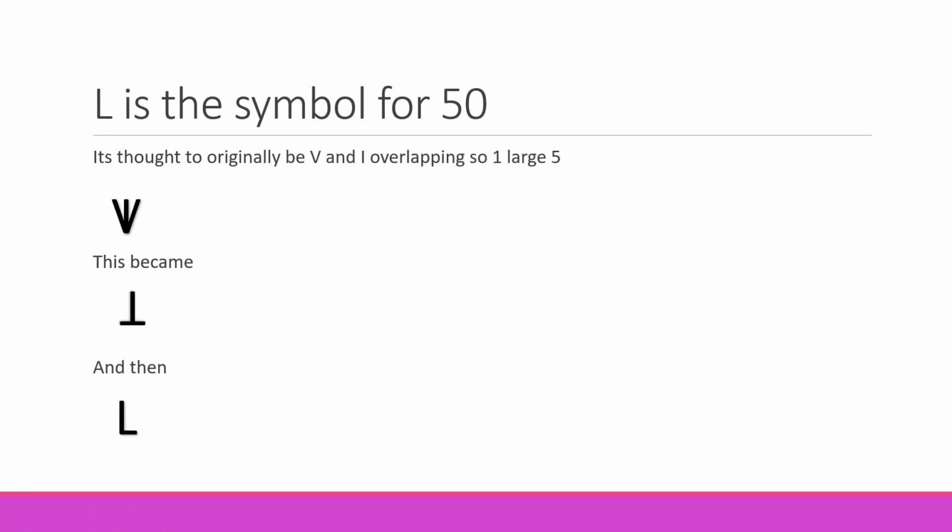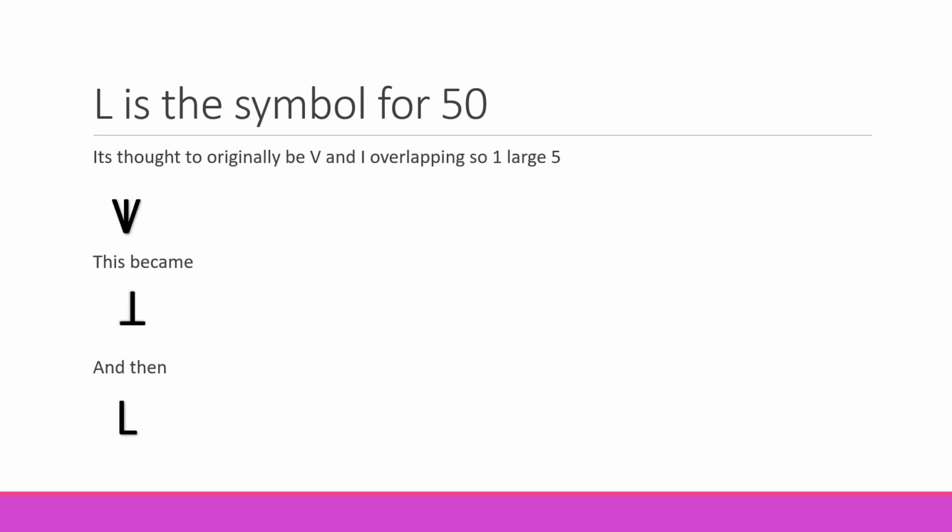Now, we don't use that very often. Obviously, you guys are used to V and X and I, but L and M is for 1,000, C is for 100, but L doesn't really make too much sense. The reason that I think it is because originally it was meant to be a V with an overlapping I, so it's a bigger version of 5.